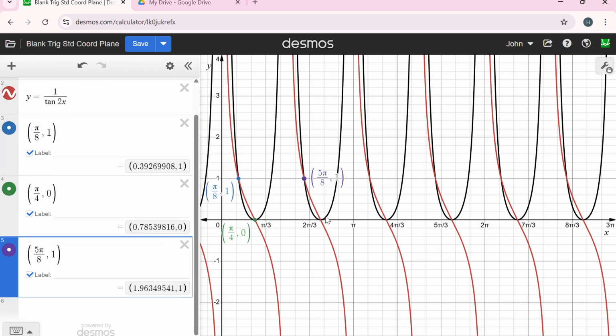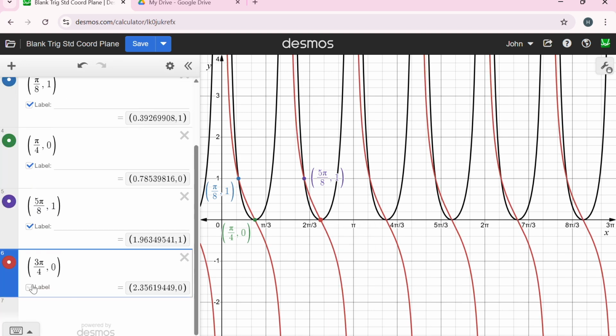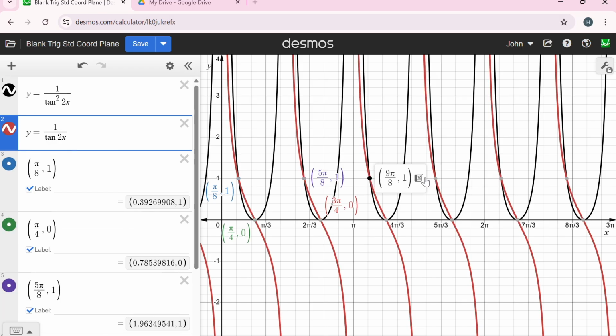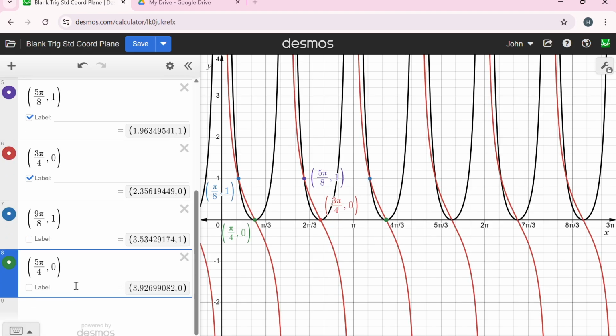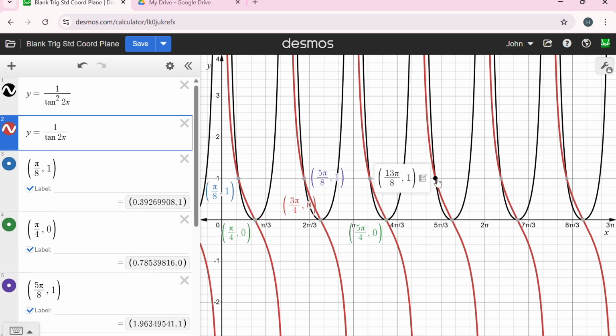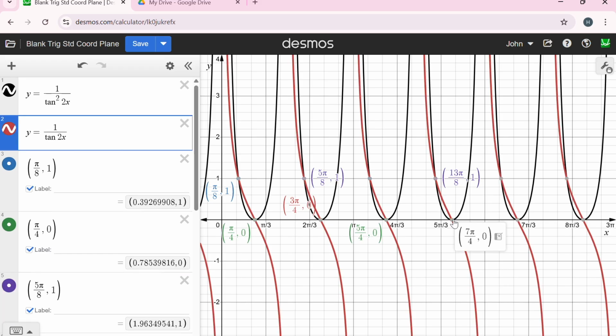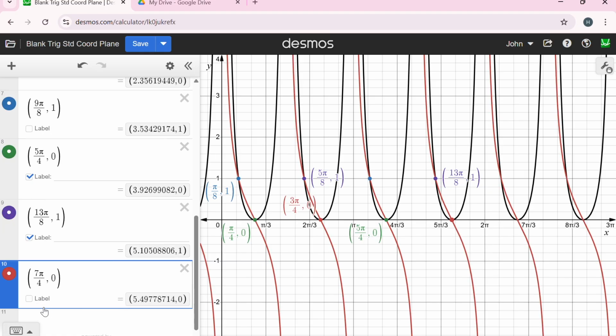Pi over 8, 3 pi over 4, 9 pi over 8, 5 pi over 4, 13 pi over 8, 7 pi over 4, and that's as far as I'm going to go because I'm up to my limit here on 2 pi.